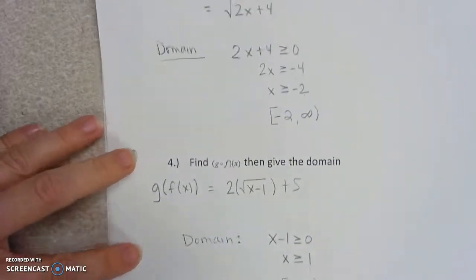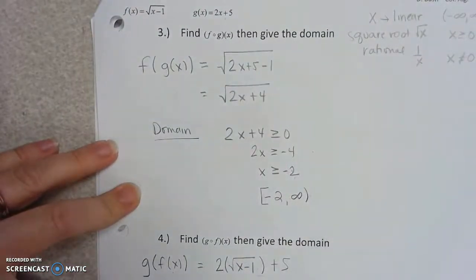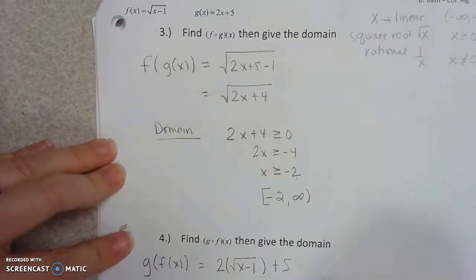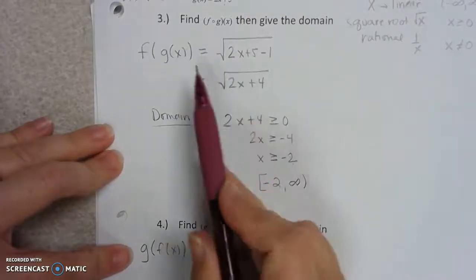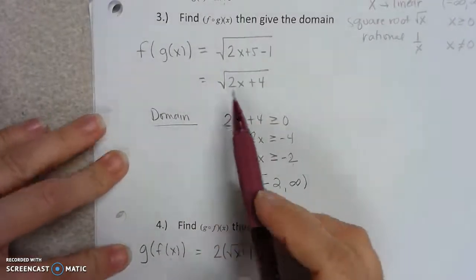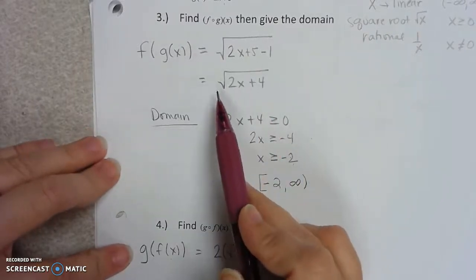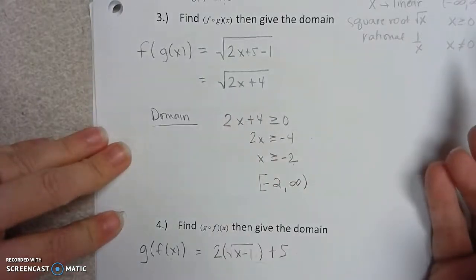I want you to take note that the only time I'm going to get a number out of a function is when I put a number in. So on these last three, we didn't substitute any values anywhere. So f of g of x and g of f of x are simply functions. You can't solve that, you can't fill in a value because I haven't given you one.